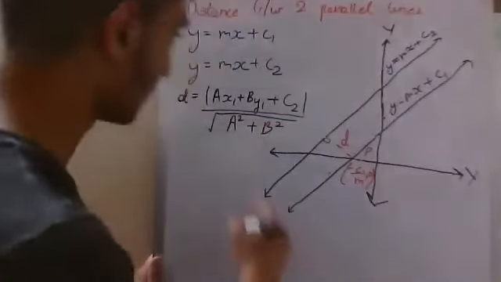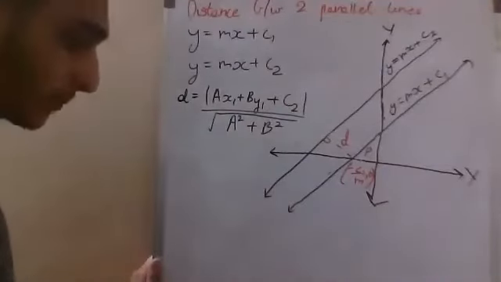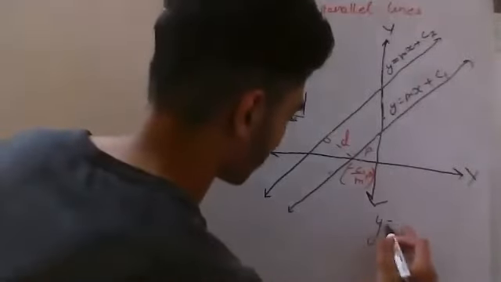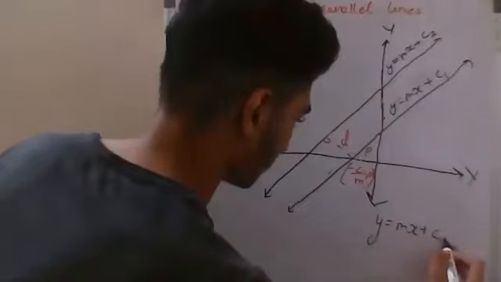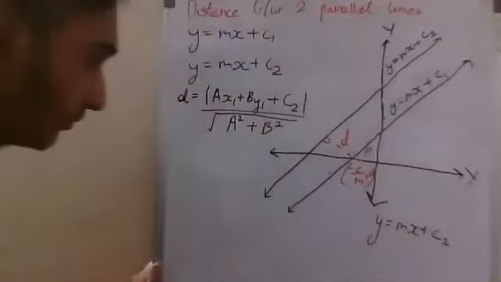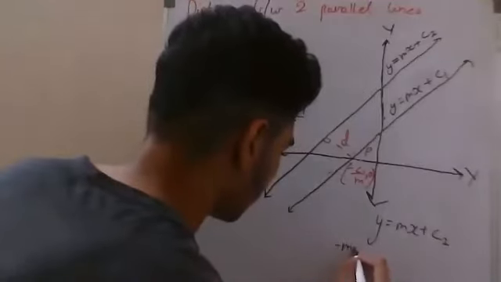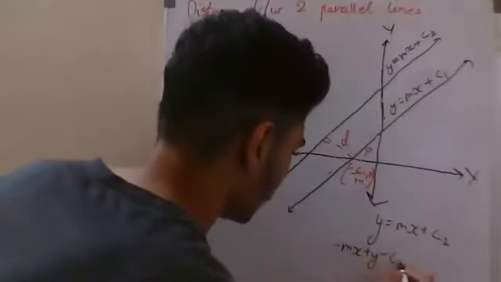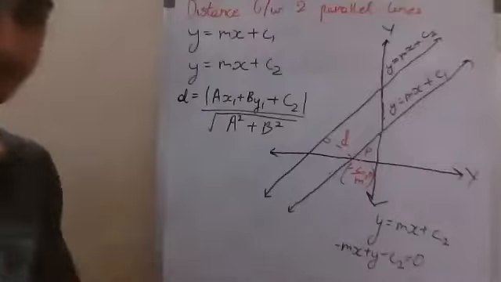Now just note this, as these are in y equals mx plus c form, we'll write this as minus mx plus y minus c2 equals 0.